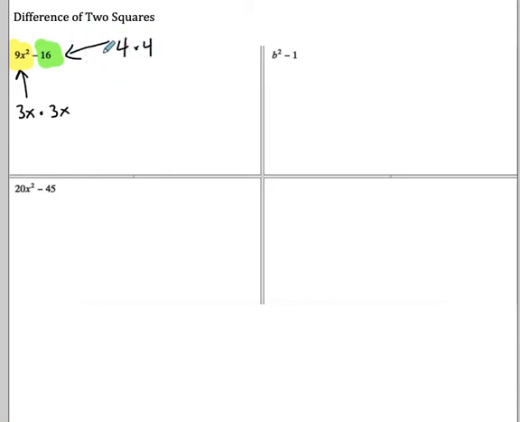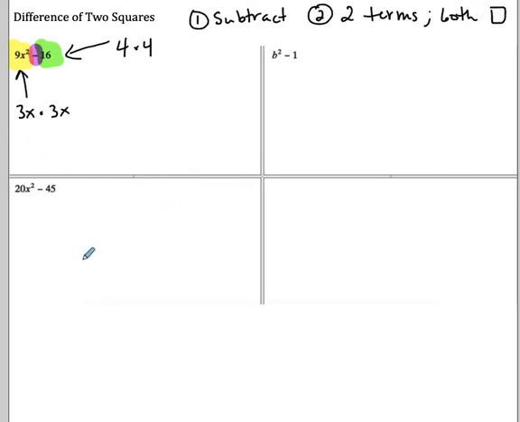Because 4 times 4 would give me 16. And you'll notice, if you're really careful and look in the middle there, it's a difference. It's a subtraction problem. So in order for it to be a difference of two squares, it has to, one, be a subtraction problem, and it has to have two terms that are both perfect squares, okay?